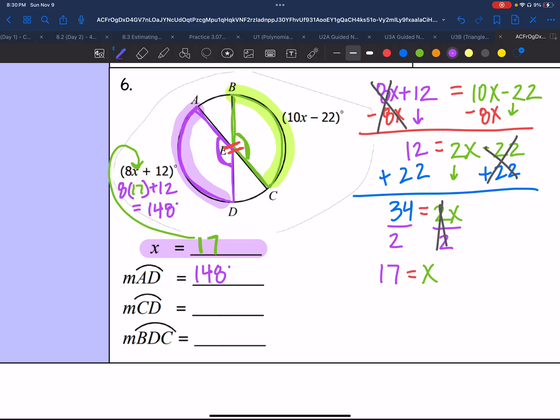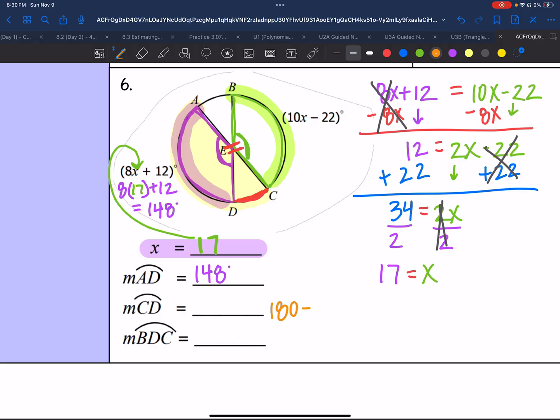All right, CD. Notice that CD is going to be this little portion right here. Well, if I take what I just found, which was our purple arc here, and what I'm looking for, CD, notice that that creates a semicircle. So together, they have to equal 180 degrees, which means if I just want this red portion right here, I can take the purple portion away from 180.